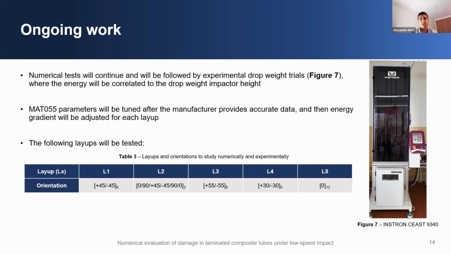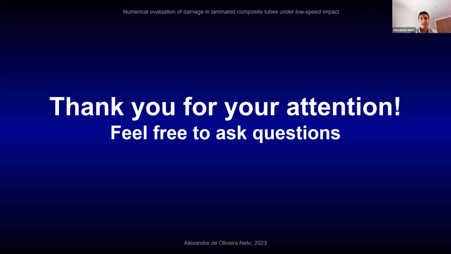Also, the MAT55 parameters will be tuned after the tube manufacturer provides more accurate data. And then the energy gradient will be adjusted for each layup, where I will test 3 more layups with the following orientations, as you can see in table 3, which is plus minus 55, plus minus 30, and 0 degrees axial. And that is all.